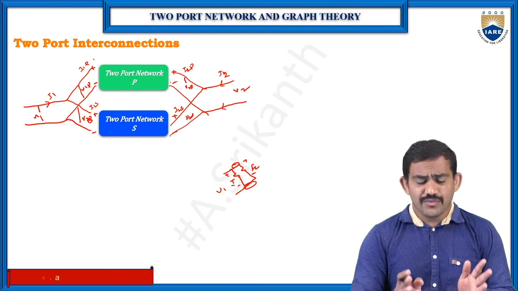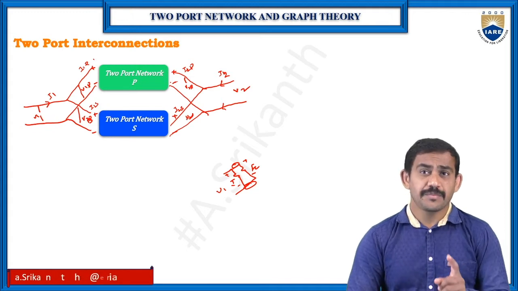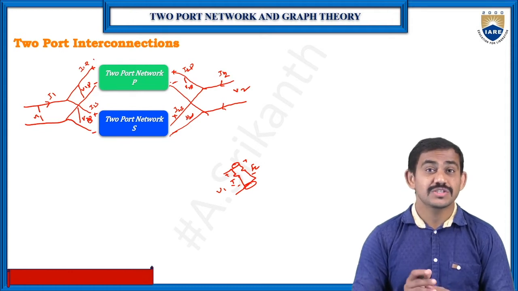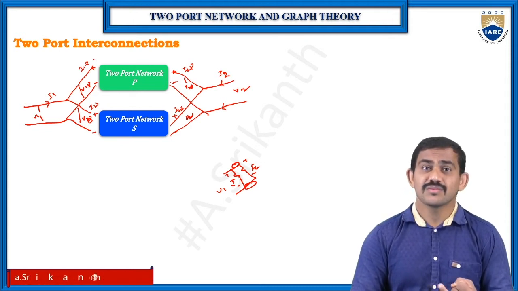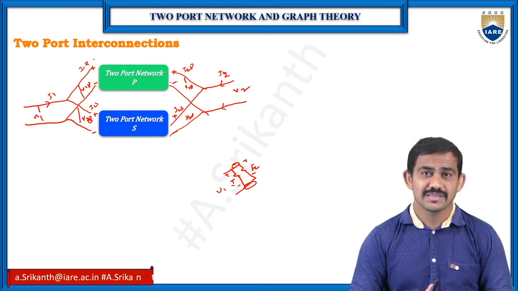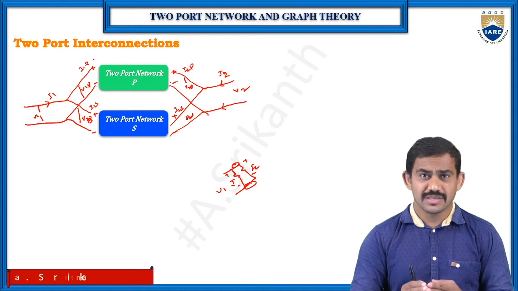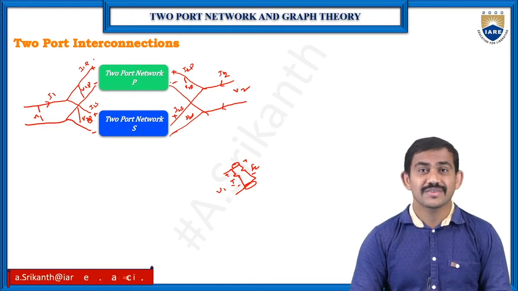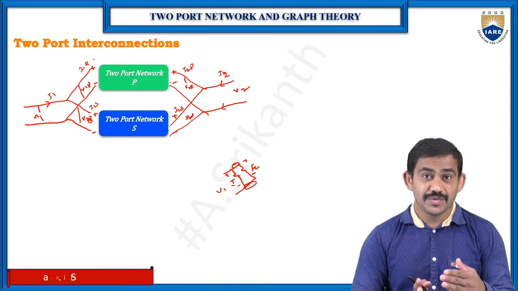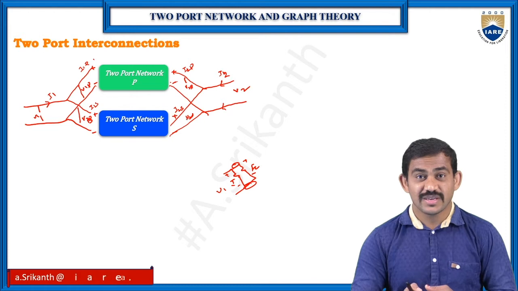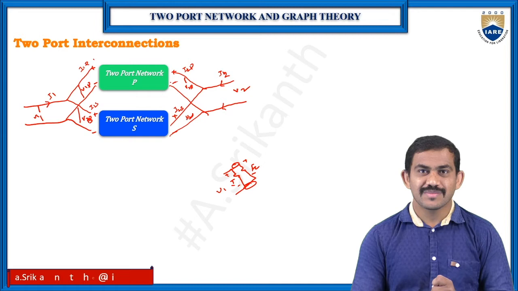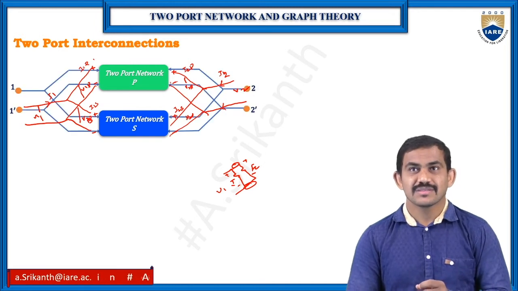Okay, so when two-port networks are connected in parallel, which parameters do I need to follow? Z parameters, Y parameters, ABCD parameters, or H parameters? When two-port networks are connected in parallel, the voltage is the same but the current is different. So that is admittance parameters, Y parameters.